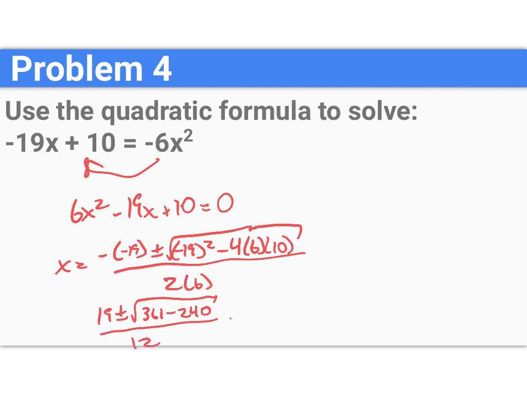All over 12, which equals 19 plus or minus the square root of 121 all over 12.